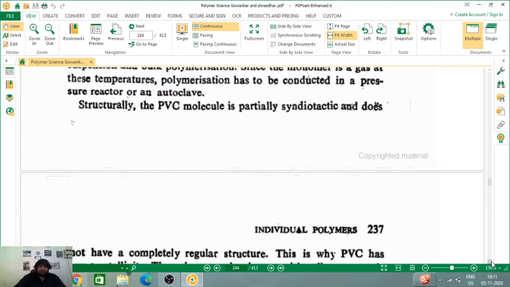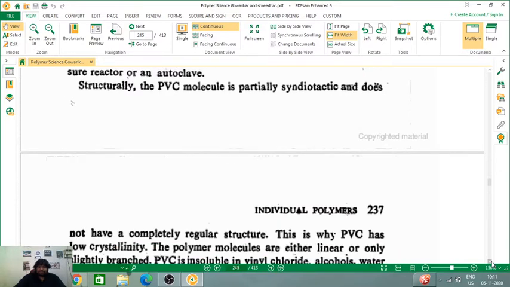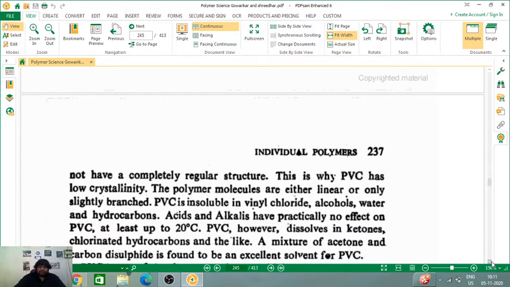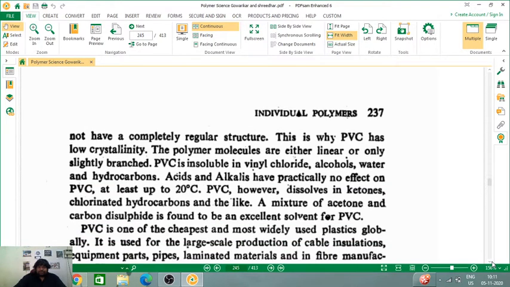Structurally, the PVC molecule is partially syndiotactic and does not have a completely regular structure. This is why PVC has low crystallinity. The polymer molecules are either linear or only slightly branched. PVC is insoluble in vinyl chloride, alcohols, water, and hydrocarbons.